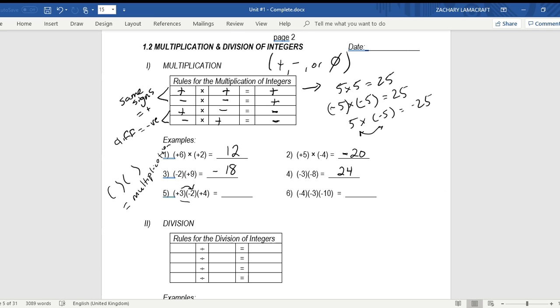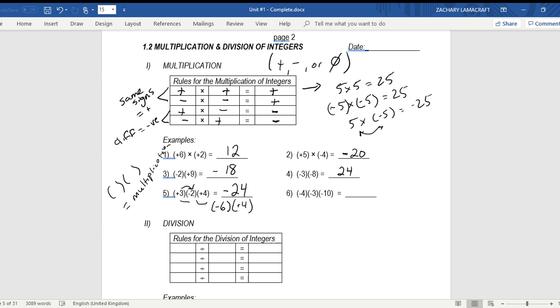So we do these two, and then once we get an answer with that, we'll do those two, okay? So positive 3 times negative 2, we know two different ones. It's going to be a negative. So it'd be negative 6 times positive 4. And in this case, we're still left with a negative and a positive. So it would be negative. And then 6 times 4 is 24.